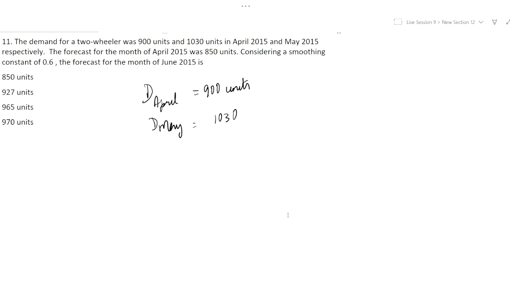Now, the forecast for the month of April is equal to 850. Smoothing constant is equal to 0.6. Now it is asking for the forecast of June.